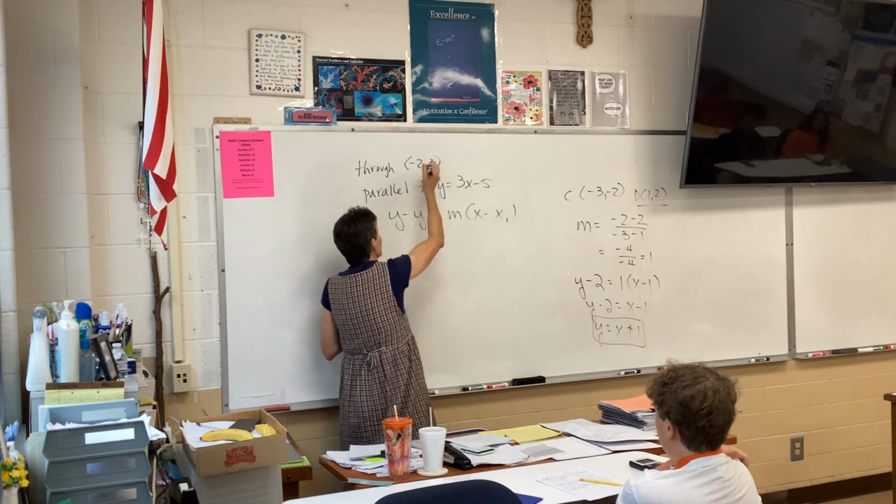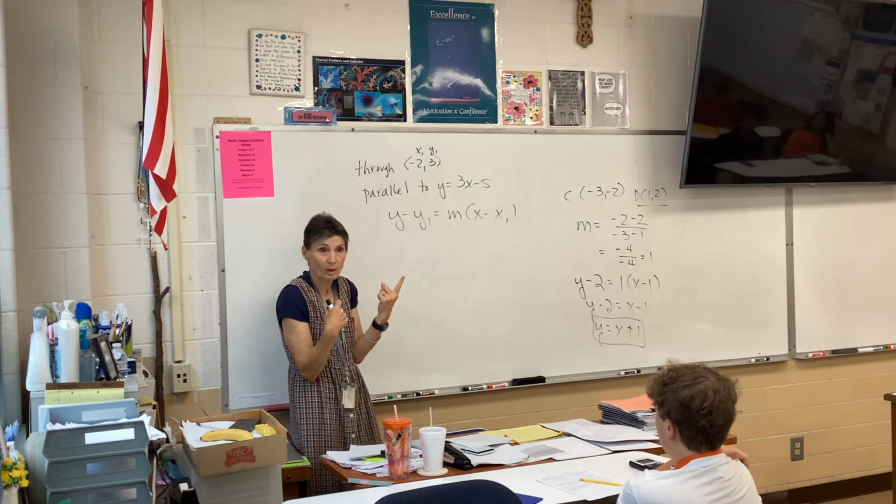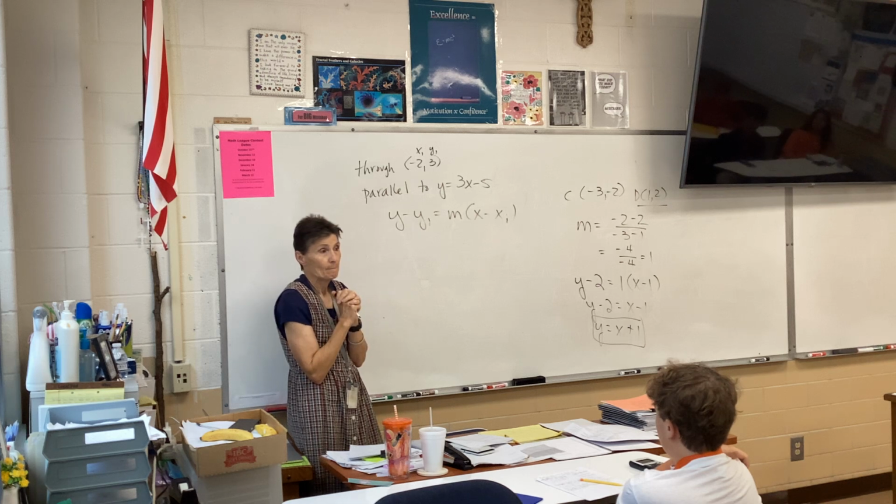So would you agree this can be my x1, y1? I only have 1 point this time, but I only need one. What else do I need though? Slope. Where am I going to get my slope?